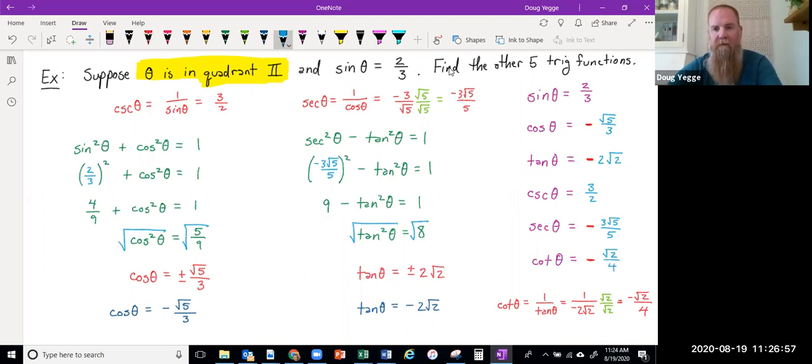And look at the benefit of this. All we knew at the very beginning was one of the 6 ratios, as well as where that angle was located. And we were able to find all 5 of the other trigonometric functions by simply using identities, reciprocal identities and Pythagorean identities.